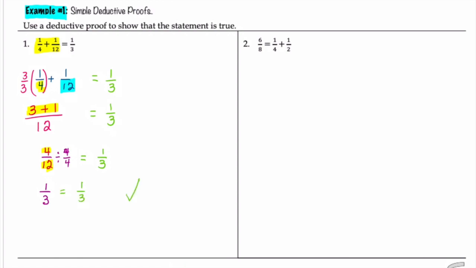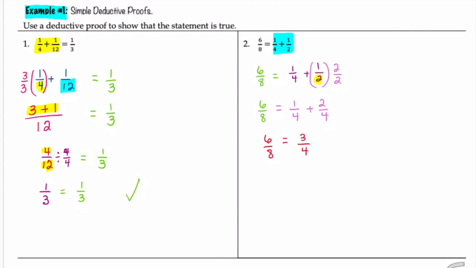Let's try number 2. For number 2, I have been given something very similar to what I have here, but this time I am going to work with the right-hand side. So I'm going to drop down the left. And just like before, I want to have a common denominator. Multiply 2 on top, 2 on bottom. I'm going to combine numerators.